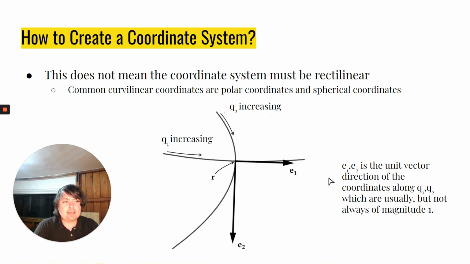So E1 and E2 are the unit vectors in this rough example, and they go in the direction of where Q1 is increasing is E1, and where Q2 is increasing is E2. They don't necessarily have magnitude of 1, but this is much later that we're going to have to worry about stretching and twisting coordinate systems.